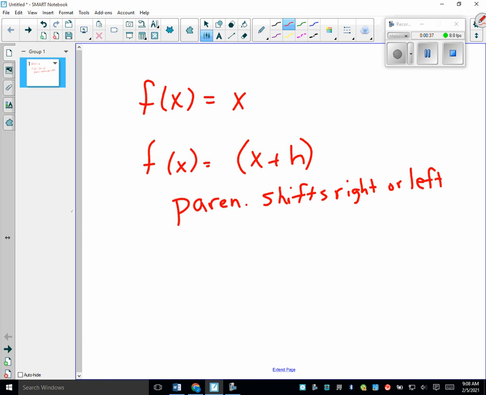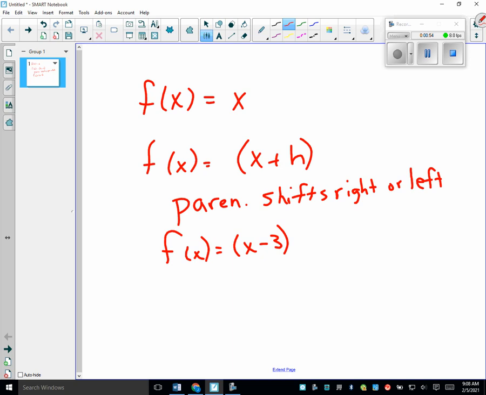So if I said we had f of x equals in parentheses x minus 3, this would shift it 3 right. Because in the parentheses it's backwards what you think.